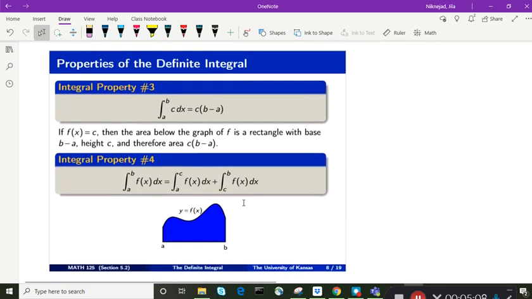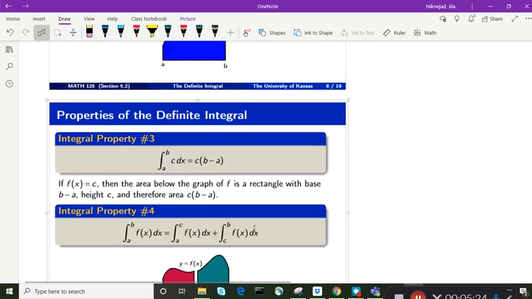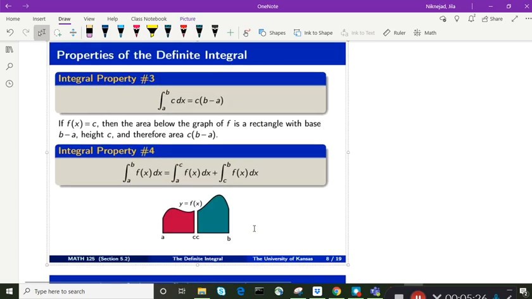And so here's the picture. Let's imagine this is the integral from a to b of f of x dx, right? The area underneath this is that integral. Now let's find a point c between a and b and basically break the area down into two pieces.